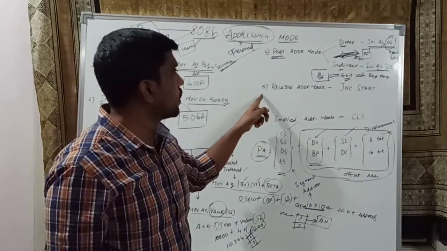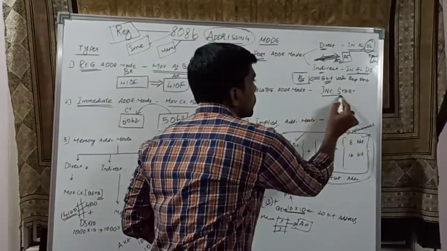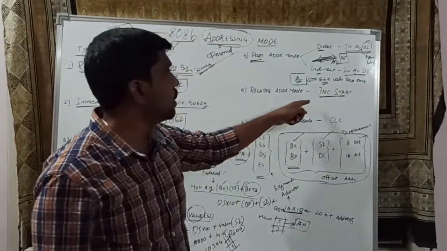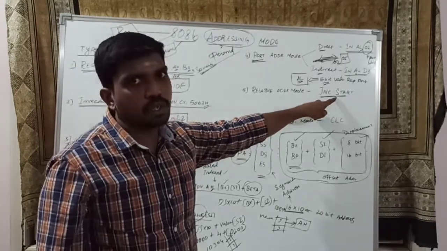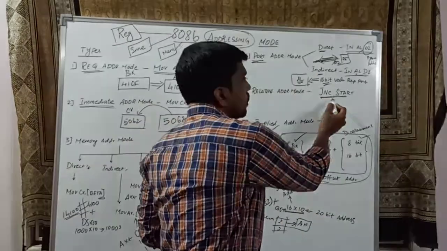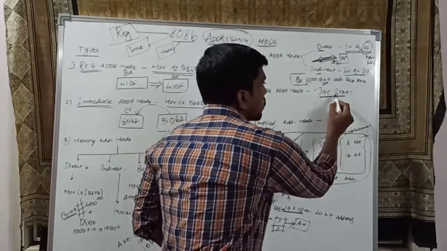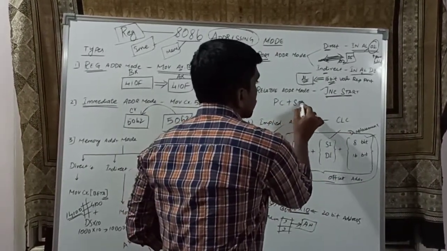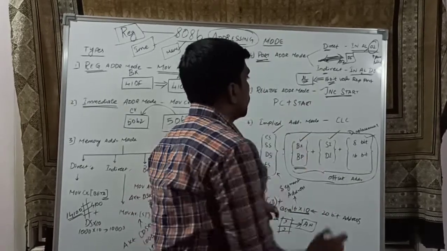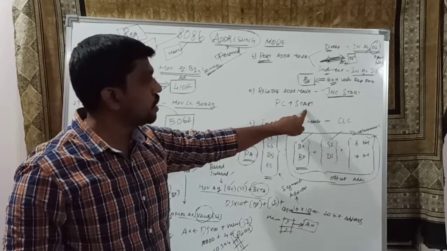The next type of addressing mode is the relative addressing mode. In this relative addressing mode, you just check the condition. The example instruction is JNC start. JNC stands for jump on no carry. If the condition is true, it moves to start. So PC value plus start: whatever value is present in the program counter, that value is summed with start.